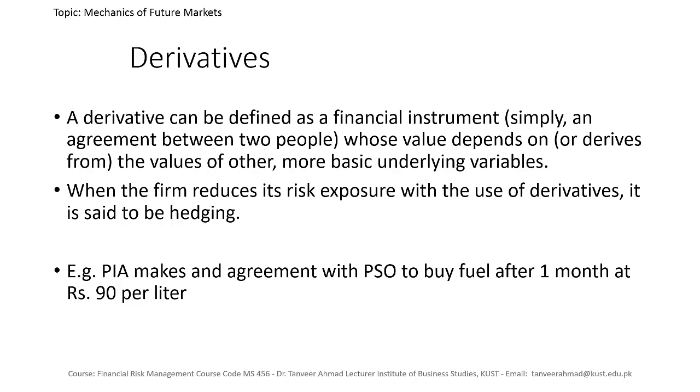If the price of the fuel increases, its value would increase or decrease, and we would discuss what would happen. But the point to understand at this stage is what we mean by underlying asset and what we mean by derivatives. So this is an agreement, and its value is derived from an underlying. Let's move forward.